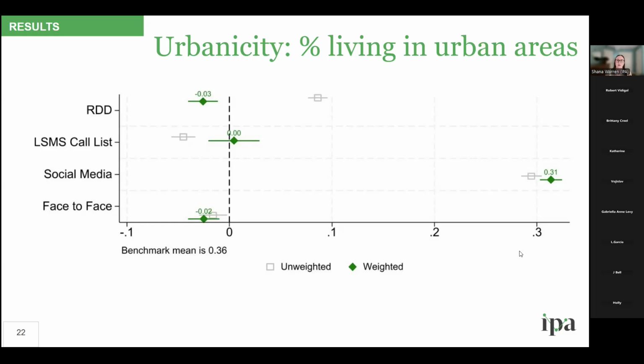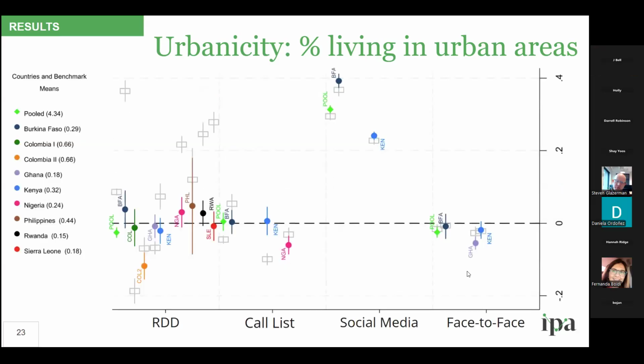Weighting is not able to address it when you don't have anything to lean on. RDD, we got closer. LSMS call list, we get closer. Face-to-face was fairly close in the first place. And you see that in detail looking at each individual survey. I think of these as the gray dots being yanked back towards the zero, the benchmark, as close as they can.